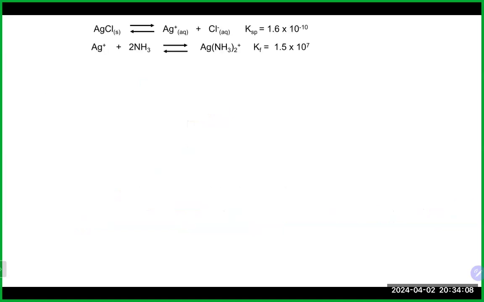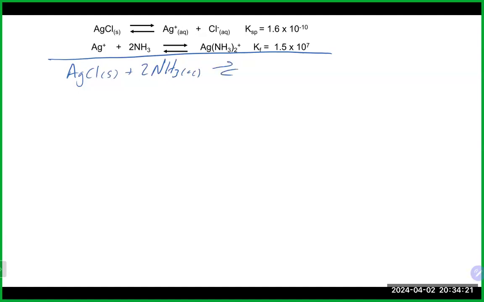So if we roll through here and put this together, we will have our silver chloride plus our 2 ammonias, again going to our complex ion, and a little chloride action going there.